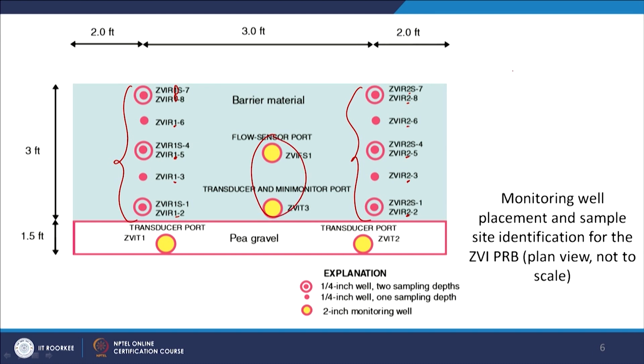Keep in mind that when we looked at the PRB, this is the side view, and the groundwater level wasn't uniform throughout the PRB. If you remember, it had a considerable gradient, either this way or this way. You had that particular gradient in the groundwater level, right.